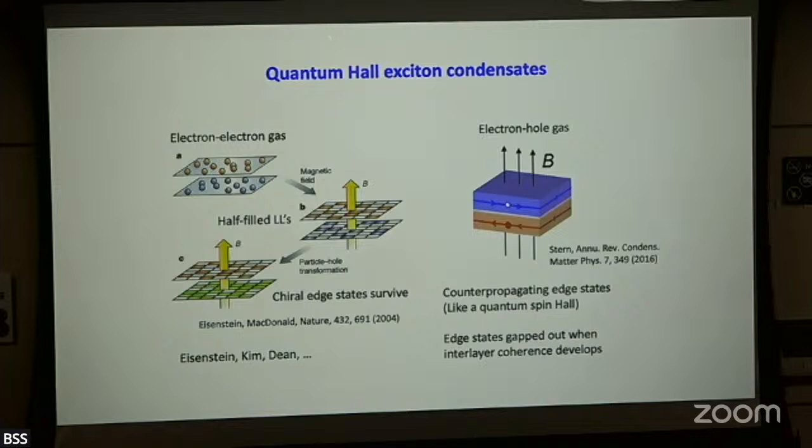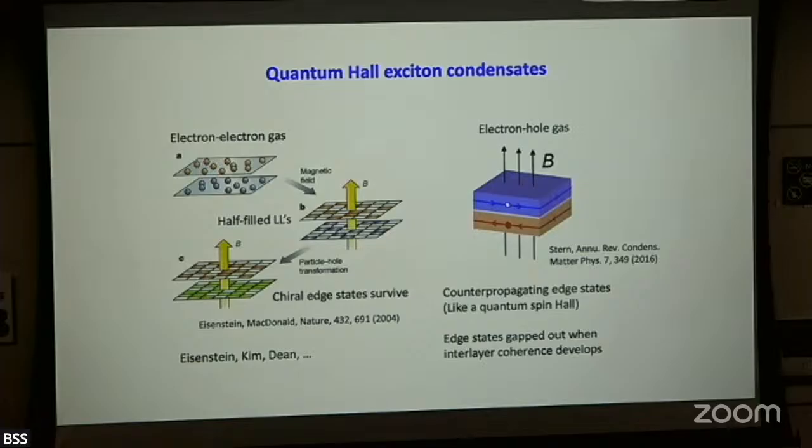And you turn on a magnetic field, and you put them into the half-filled Landau level. And then you can do some kind of transformation from electron to hole, and then you consider this exciton condensation problem. And in our problem, we have one layer as electron, the other layer as hole, and then we apply a magnetic field.